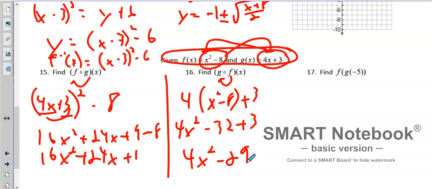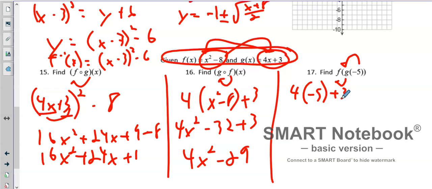And then careful here, we're plugging negative 5 into g and that new number into f. So g is 4 times x, which in this case is negative 5, plus 3. That gives us negative 20 plus 3, which is negative 17. Now this number is going to get plugged into f.